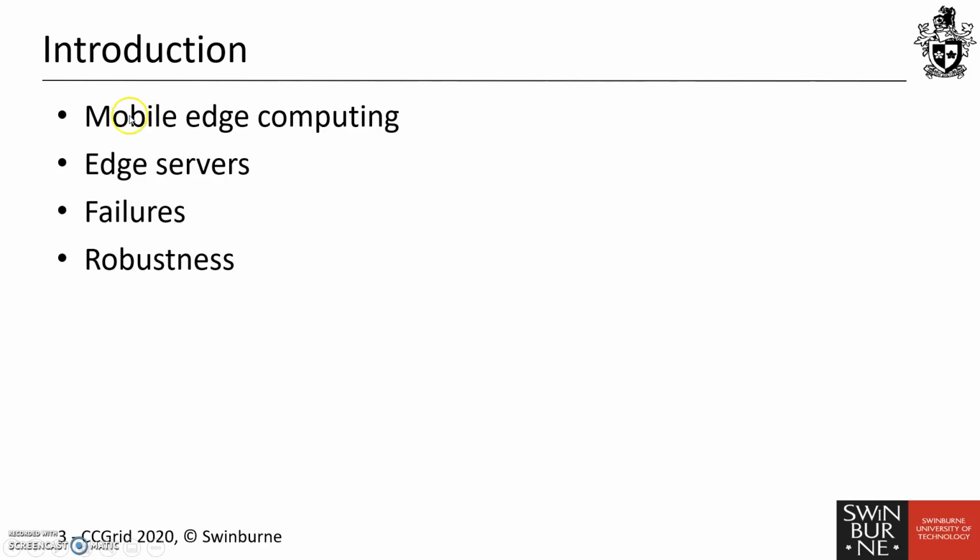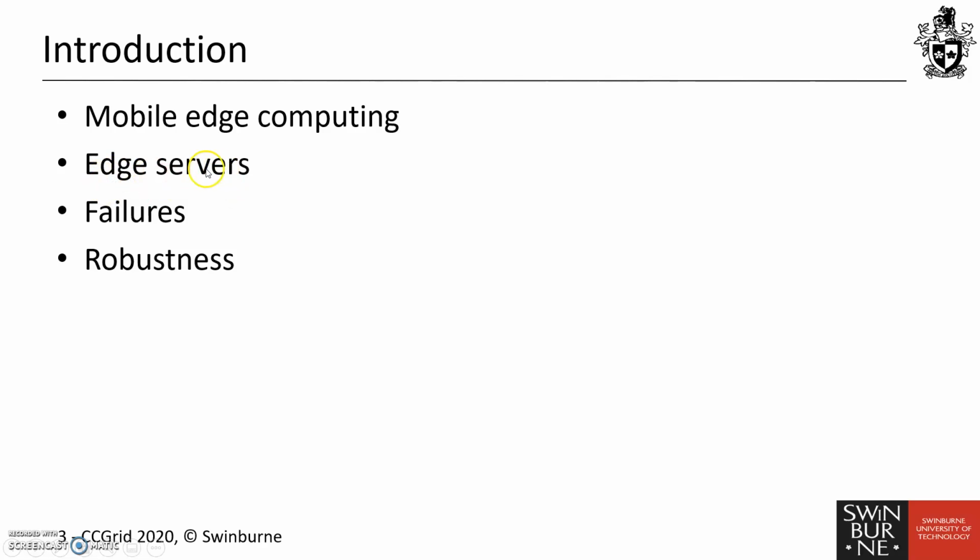Now let's go to the first part, mobile edge computing. We all know it is an extension of cloud computing. In mobile computing systems, edge users can access content in a low latency manner.